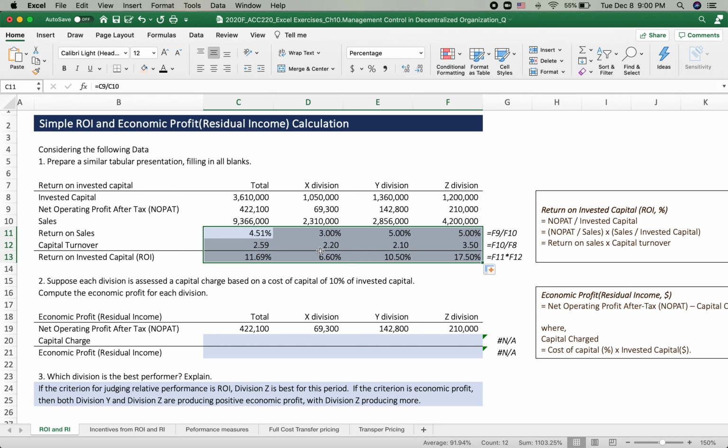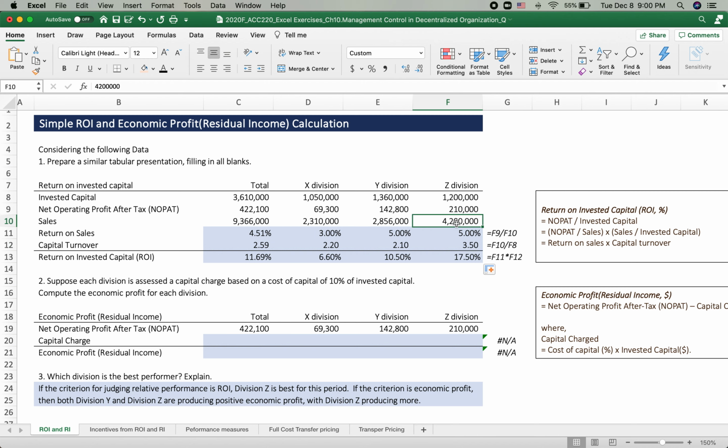As you can see, the return on sales for the Y and Z divisions is greater than the X division. In total, it's 4.91. For the capital turnover, which one is greater? Z division has 3.25. That's very efficient with a low amount of invested capital.